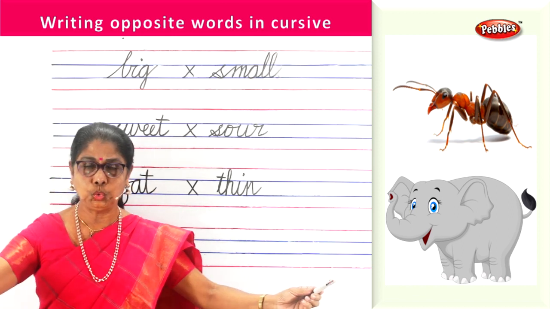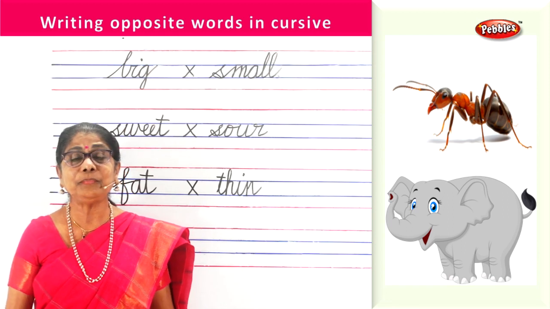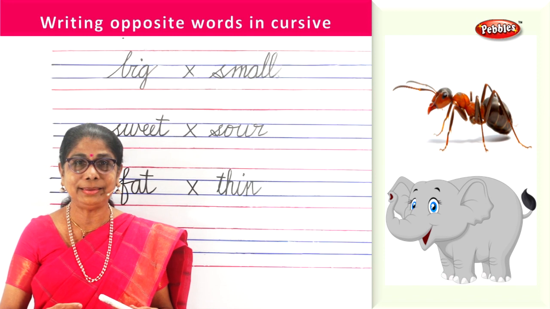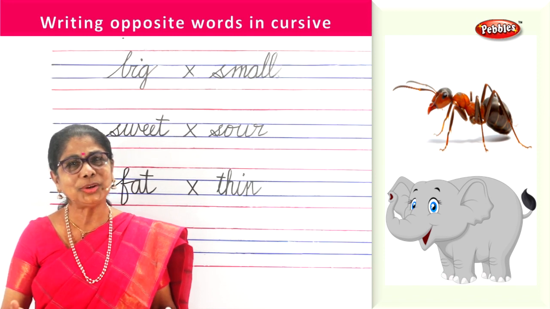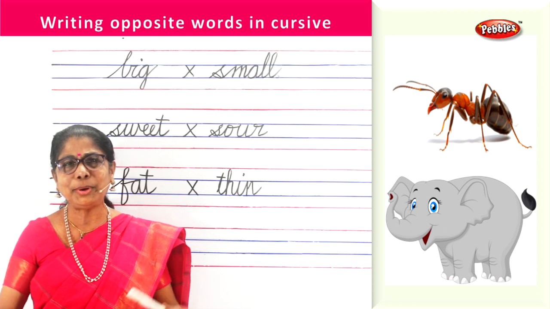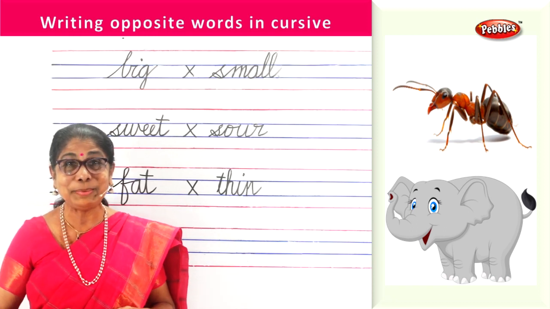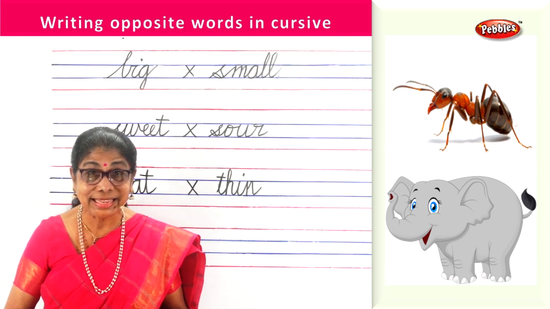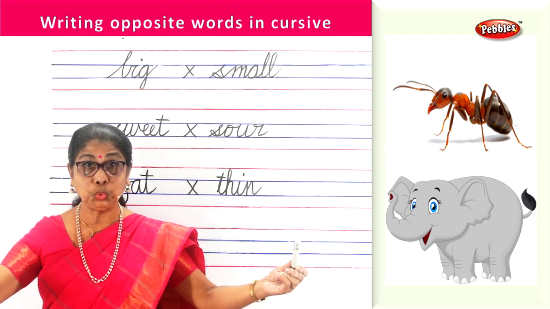Tiny, huge. Tiny spelling, T-I-N-Y, tiny. Mama will say, you are tiny. You're so sweet and tiny. Mama, you look huge. Carry me, the baby says. So, tiny, opposite, huge.